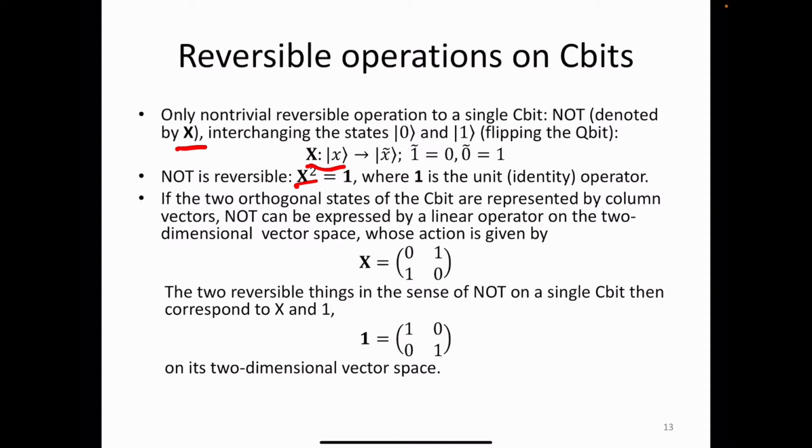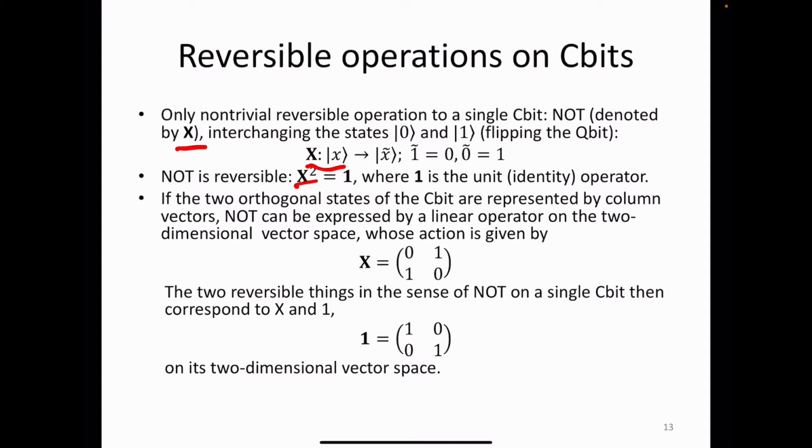It is reversible, so if you apply it twice, you get back the original state. And if you execute the matrix multiplication, you get the identity matrix, which also tells you that it's reversible. So we can look at that example here on the bottom.